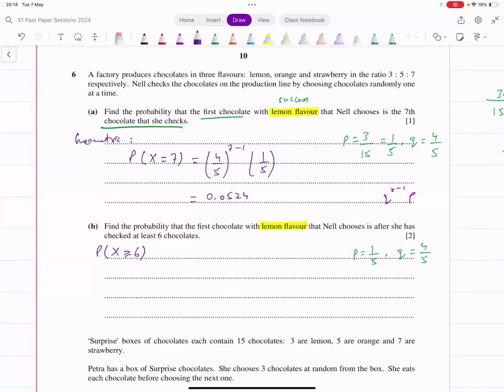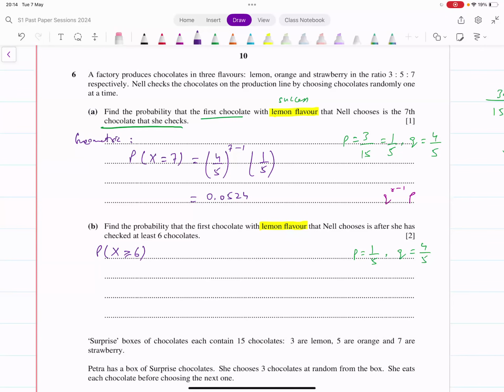That is one possibility, right? Let me think about what this question statement would mean. The first chocolate that he chooses is after she has checked at least 6 chocolates.